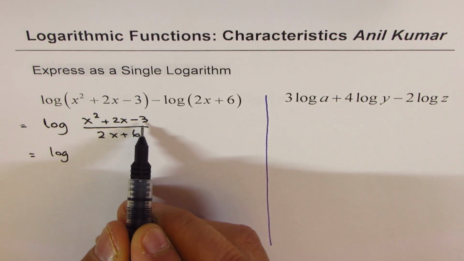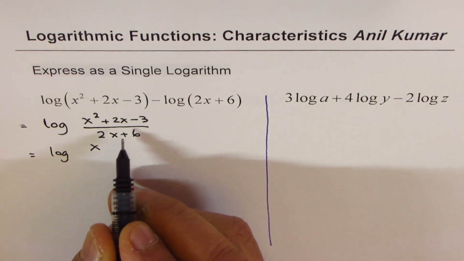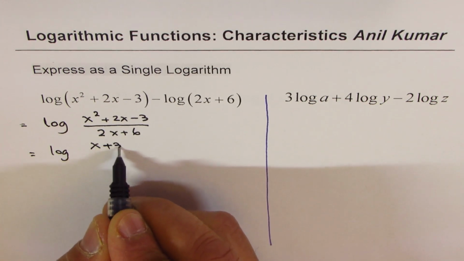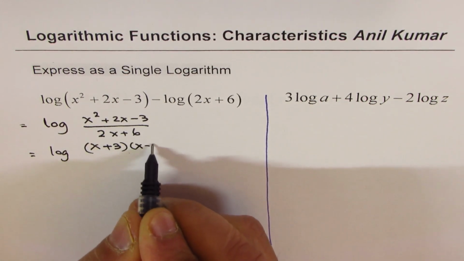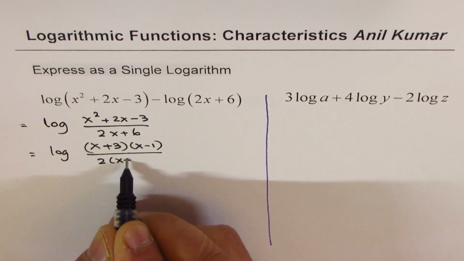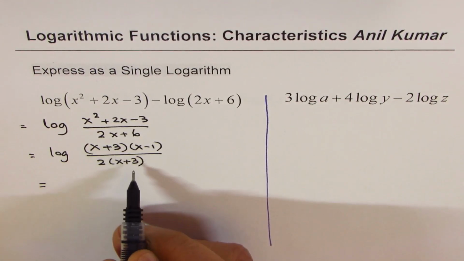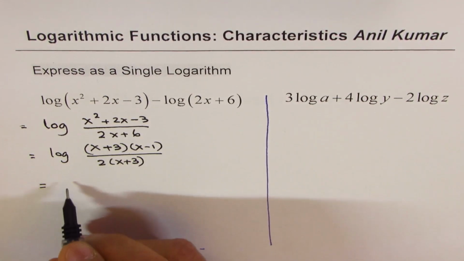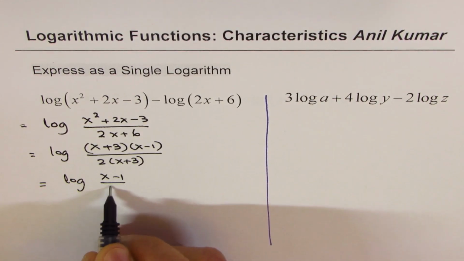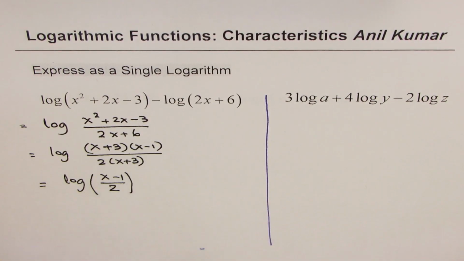The numerator, we are looking for product of minus 3, sum of 2. So that could be 3 times minus 1, right? So we could write this as x plus 3 times x minus 1 divided by 2 common, we get x plus 3 here. Now that could be combined. x plus 3 can cancel out. So you could simplify this as x minus 1 over 2. So that is how you can write this as a single log, right?